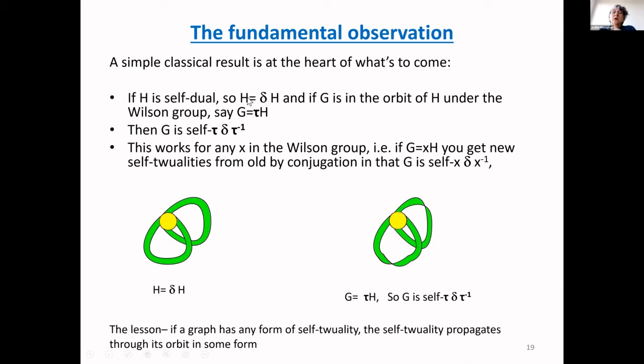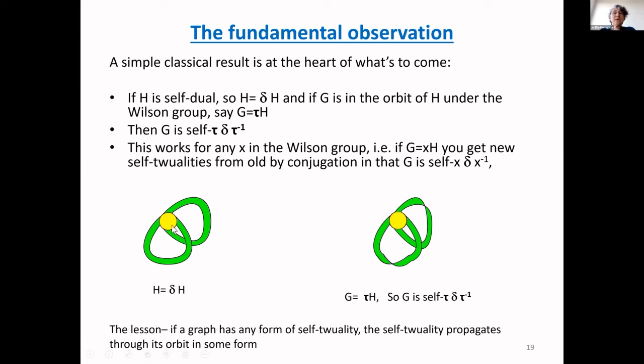Whatever H was to begin with goes in the middle, and whatever you did to H to get G is what you conjugate by. And that works for anything in the Wilson group. So if G is anything in the orbit of H in the Wilson group, you get new self-twualities from old by conjugation.